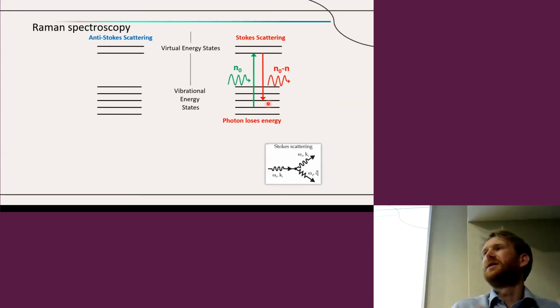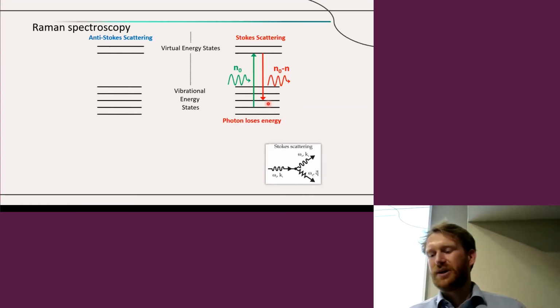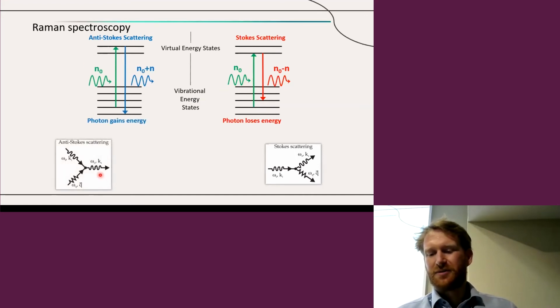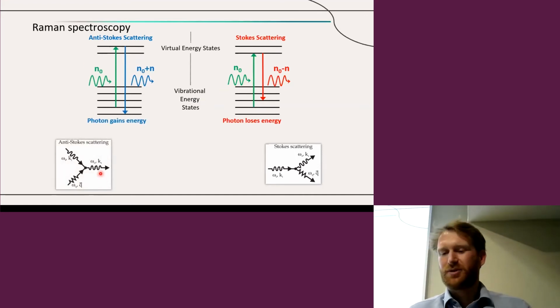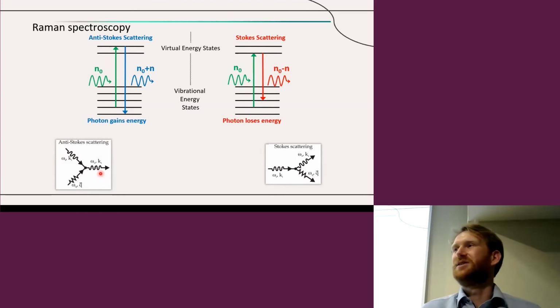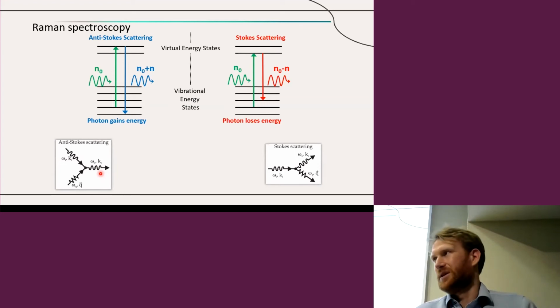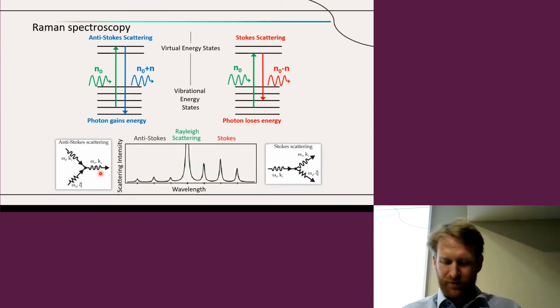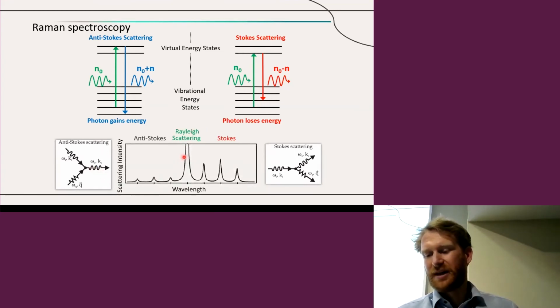So the outcoming light will have a slightly lower energy, and that is called Stokes scattering. In the case of anti-Stokes scattering, instead we absorb a phonon, so that the photon gains a little bit of energy, and in that way we measure the energy of the phonons. A typical spectrum would then look like this.